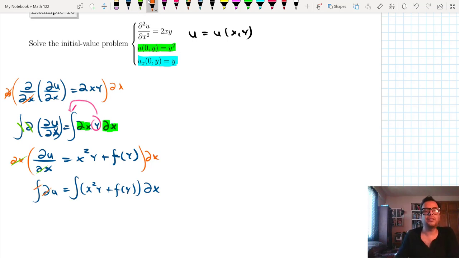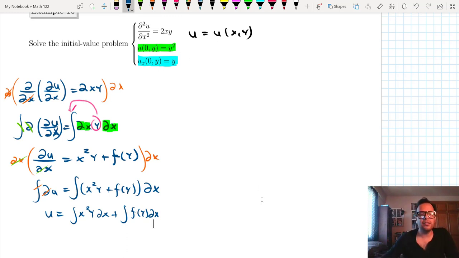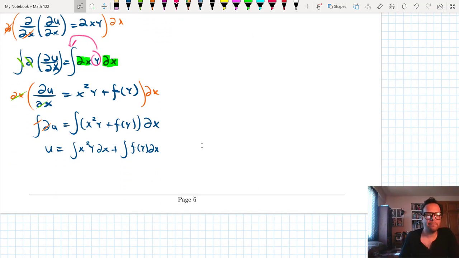Cancel the integral with the differential to get us u equals, okay, I'm going to integrate x squared y with respect to x plus I'm going to integrate f of y with respect to x. What is going to happen here? In this case, notice I can pull out, okay, here I'm going to spend one more step to make this clearer.